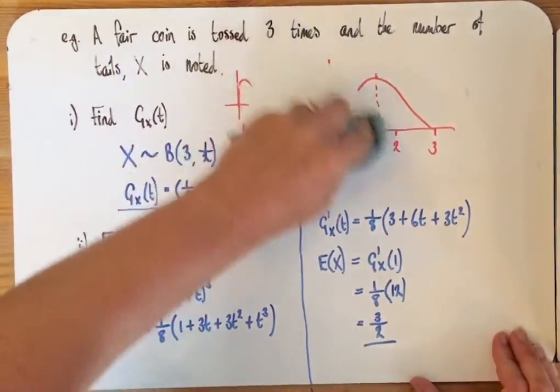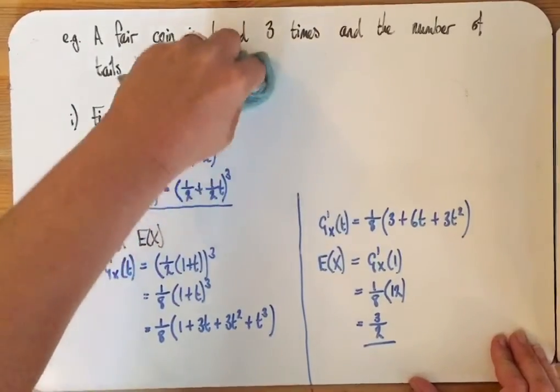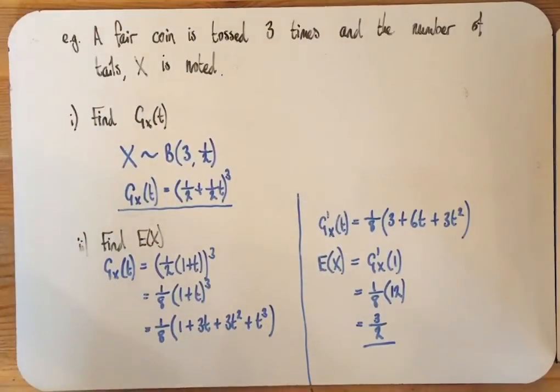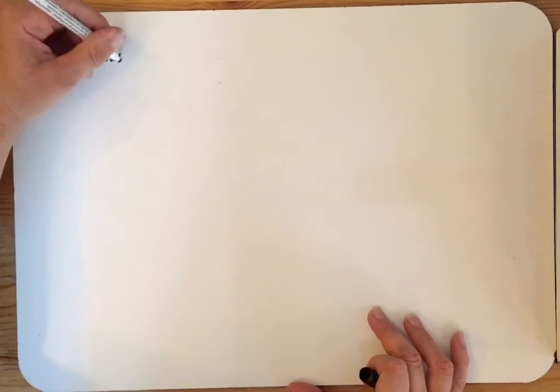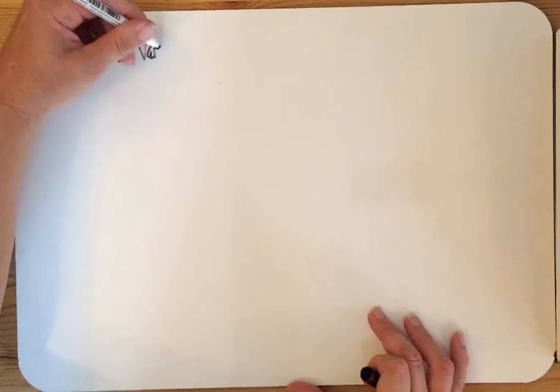Right, then we can find the variance of x. So part 3, find the variance of x. There's no quick way of doing this.